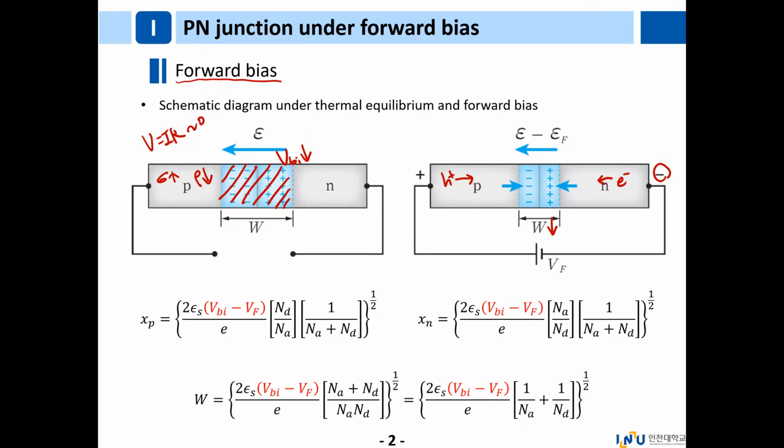At this time, the width of the depletion layer can be obtained as follows by substituting VBI minus VF instead of VBI. That is, as the forward bias increases, the overall depletion layer width is going to decrease.